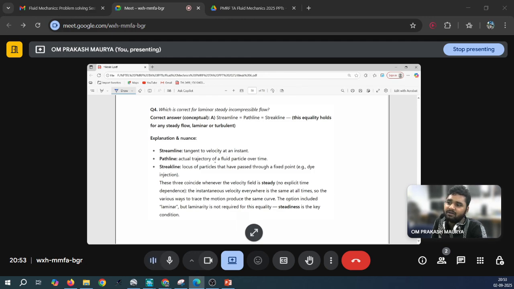Path line: actual trajectory of a fluid particle. Remember, if this is the flow domain and you are looking at only one particle moving like that, this is your path line.